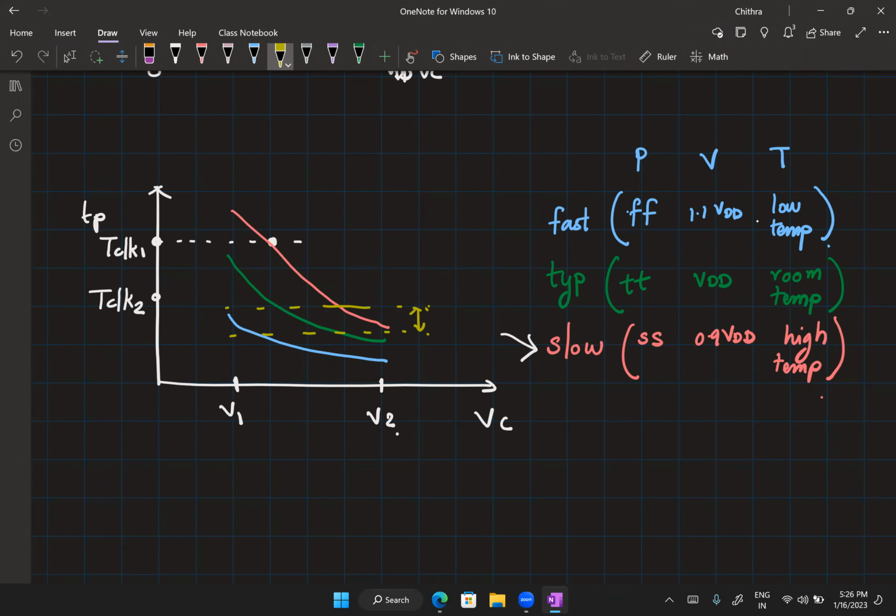Okay, this is clear? Right. So typically you will have to over design at some corner so that your chip is working at all the corners. For example, if I look at the first corner, it's clearly an over design, right? You are targeting for clock periods much smaller than what is required, but that over designing is required so that your chip is able to meet the specs in all corners. Generally, this is the case. This is okay? Okay, good.